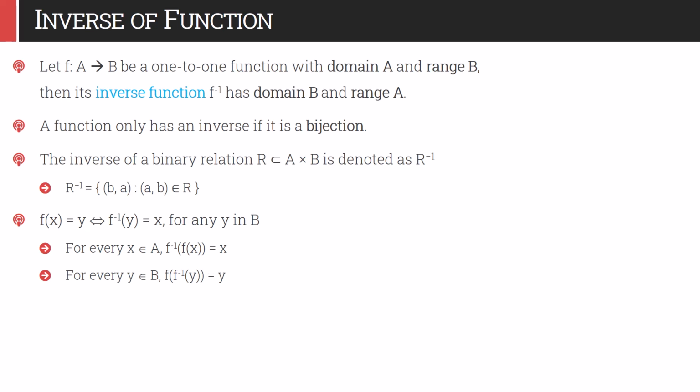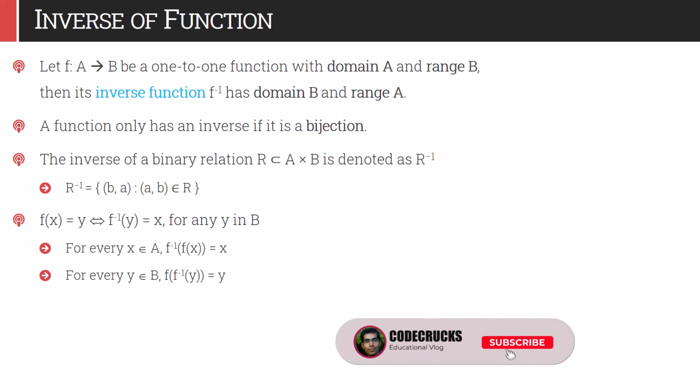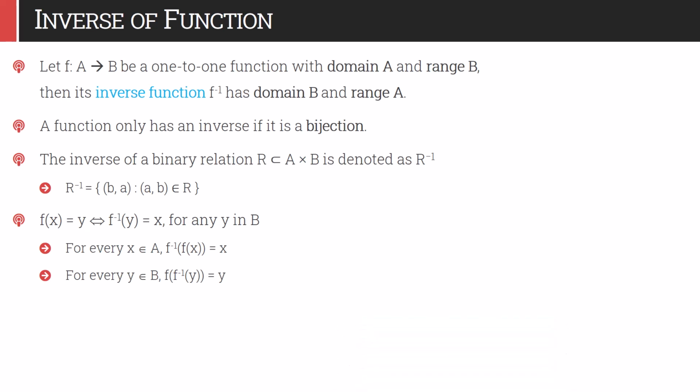Its inverse will be equivalently f inverse of y is equal to x. So when we take the inverse of f of x, that will give us the same x. And when we take the function of the inverse of y, that will give us y. So these are the two important properties of the inverse function.